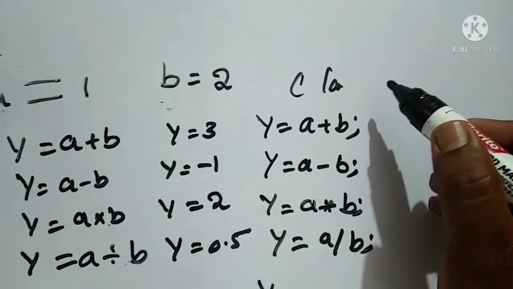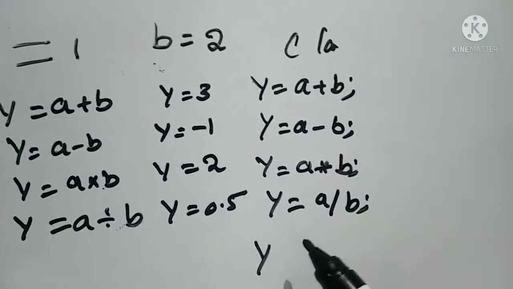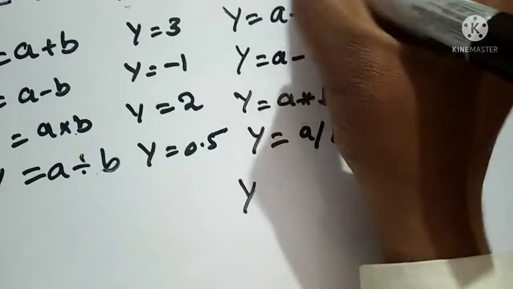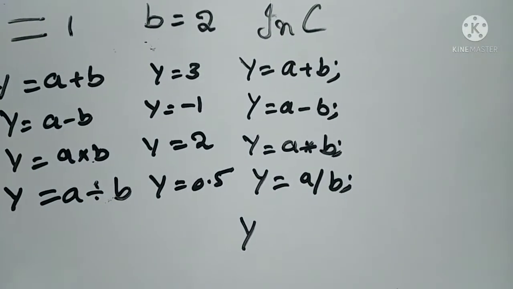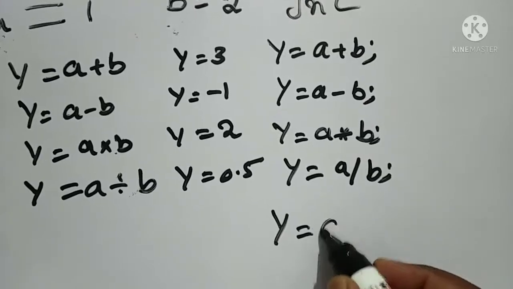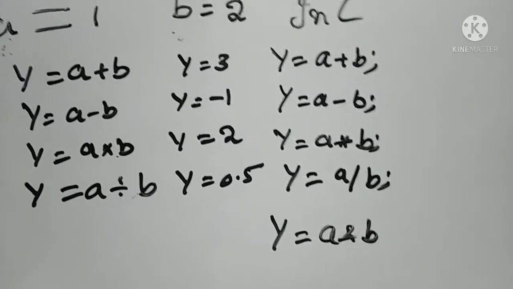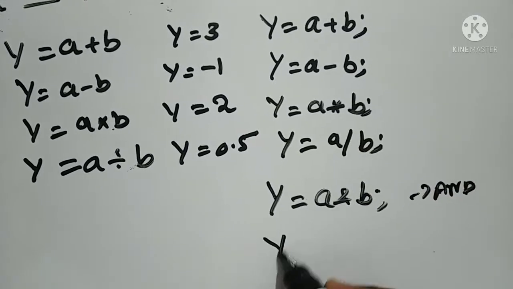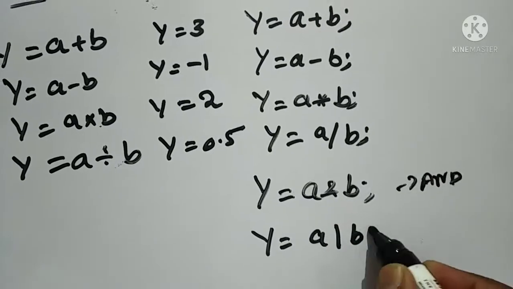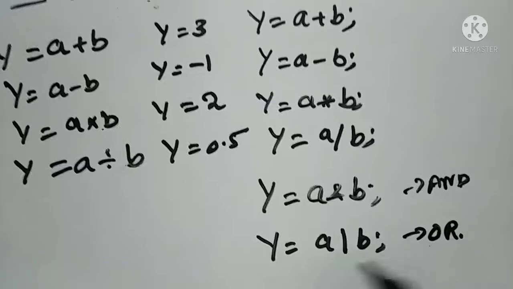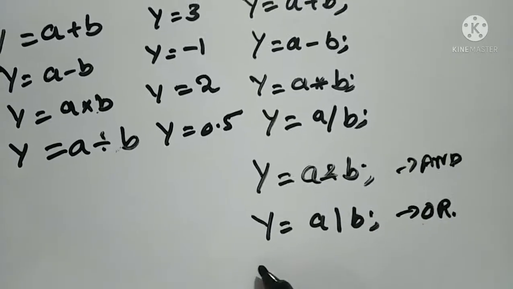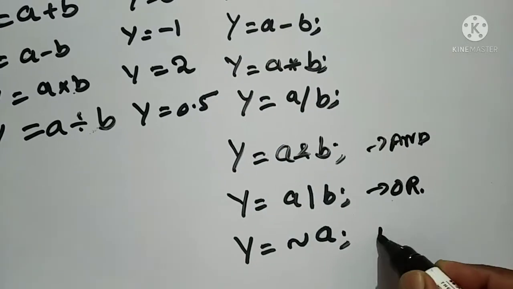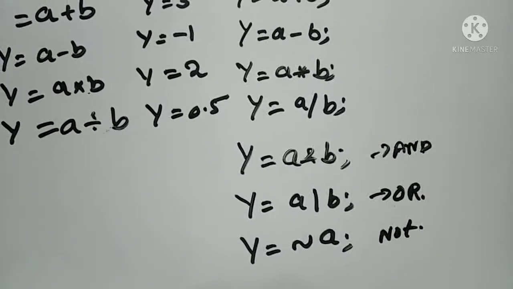For the AND operation we write a && b. For the OR operation, a || b. For NOT, it is given like this, !a. So this is your NOT operation in C language.